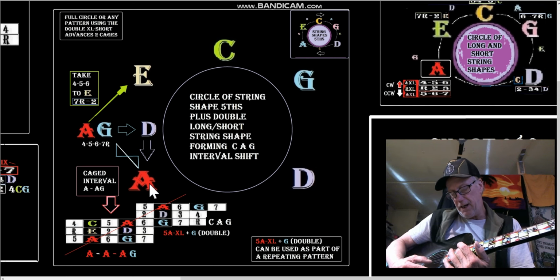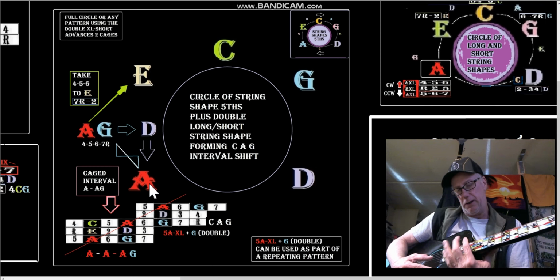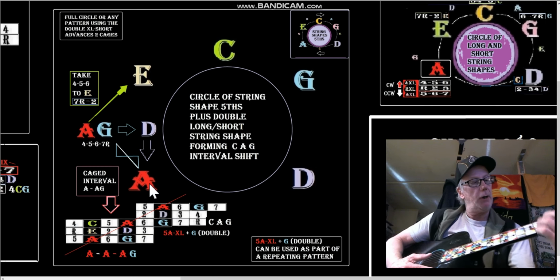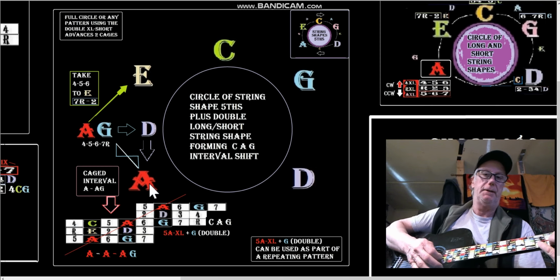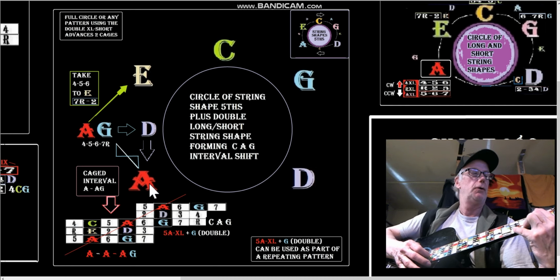Right there. 5, root, 3. Okay, down here you got 5, root, 3. So it comes down below the bar where you play that bar to play the familiar, I call it the familiar chord.